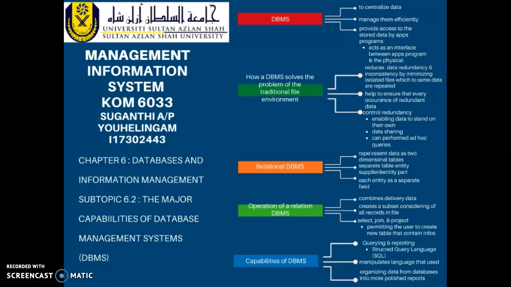The DBMS acts as an interface between application programs and the physical data files. When the application program calls for a data item such as grocery, the DBMS finds the item in the database and presents it to the application program.